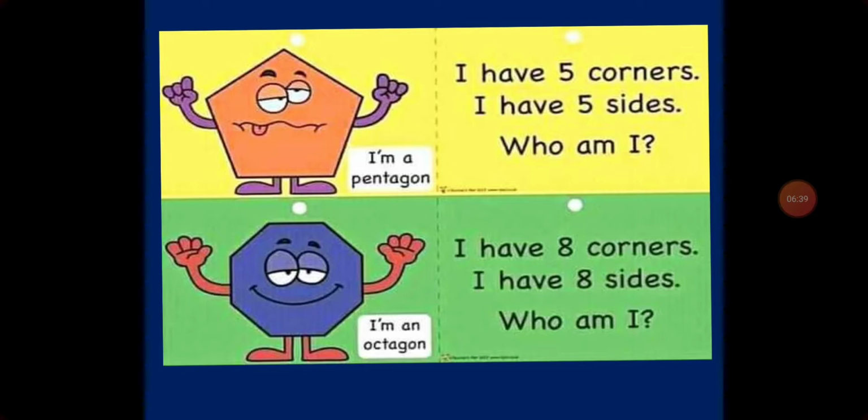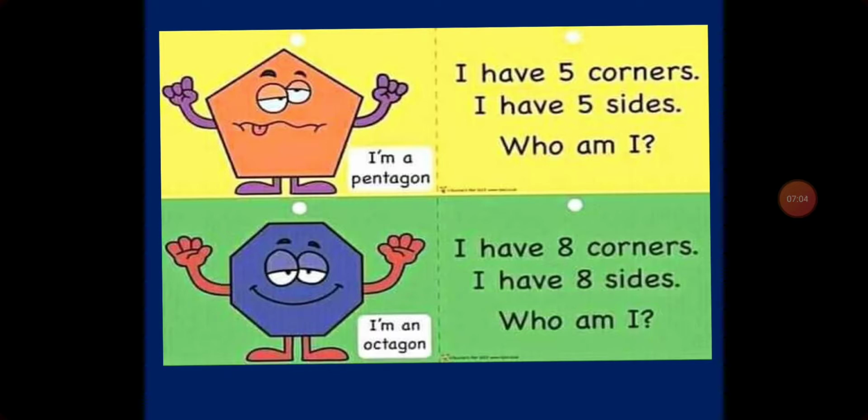Now, let's look at the next one. I have 8 corners. I have 8 sides. Now, who am I? Well, I am an octagon. So how many sides does an octagon have? 8 sides and 8 corners.